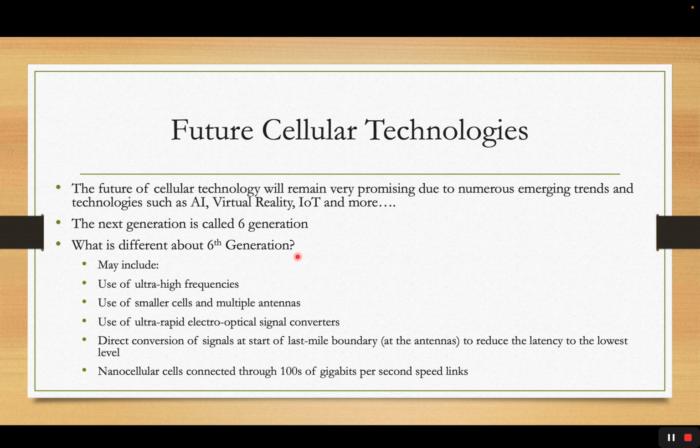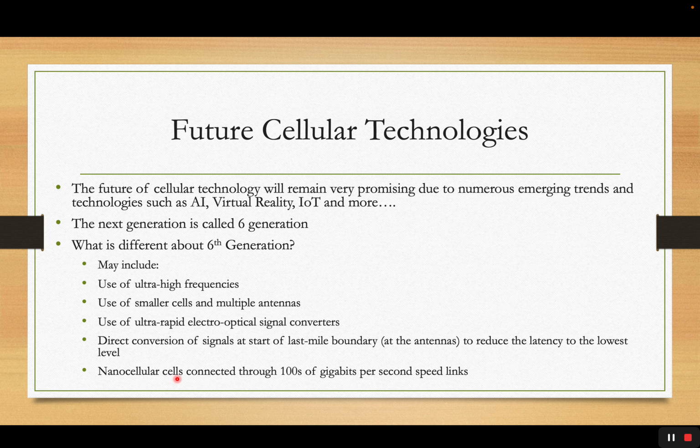So, what will make the 6G generation different from the others? It might include the use of ultra high frequencies. It will use smaller cells and multiple antennas. It will use ultra rapid electro-optical signal converters. There may be direct conversion of a signal at the start of the last mile boundary at the antennas to reduce the latency to the lowest level.